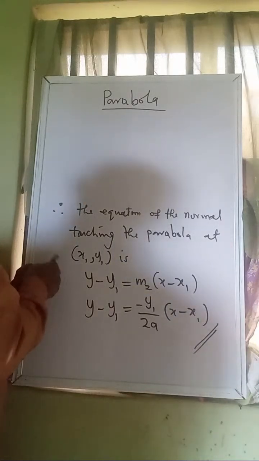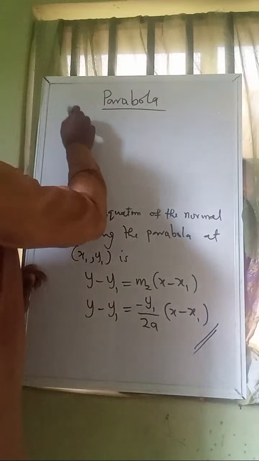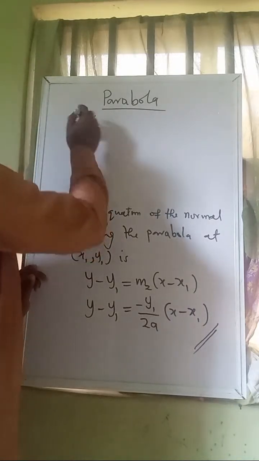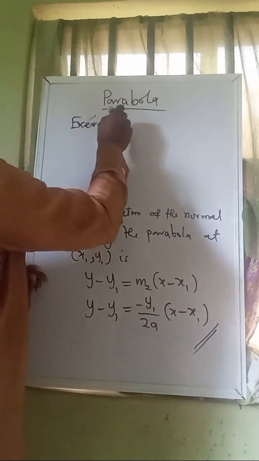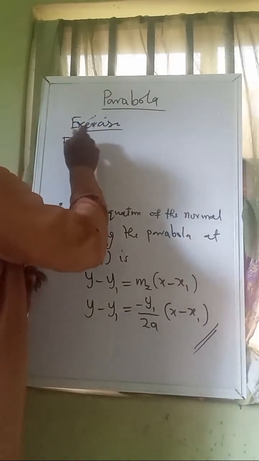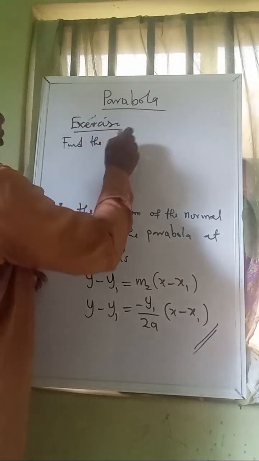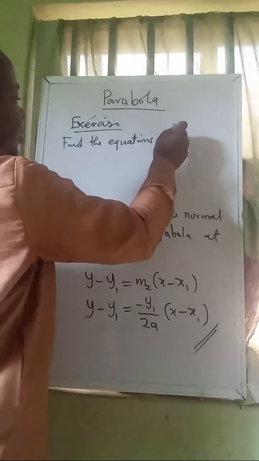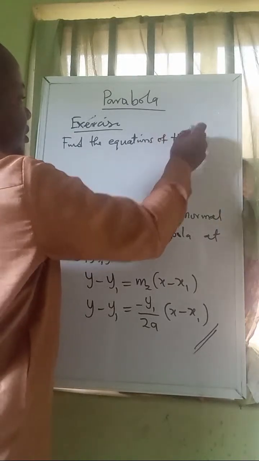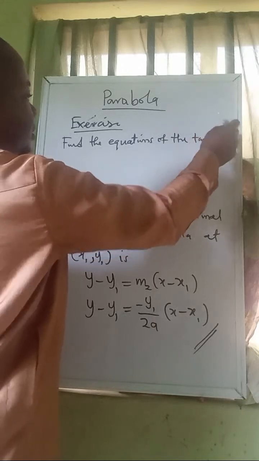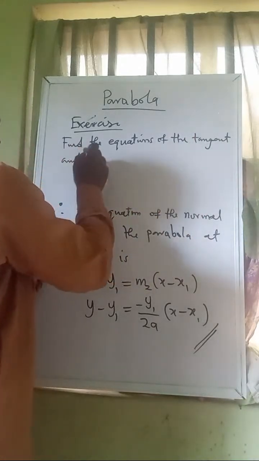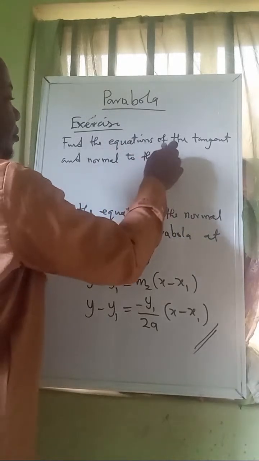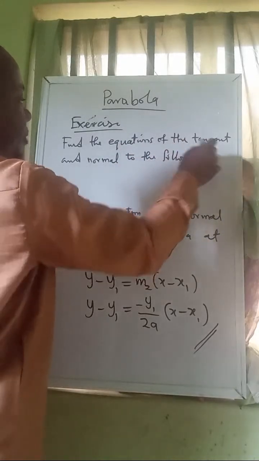The assignment, or exercise, is this: find the equation of the tangent and normal to the following parabolas.